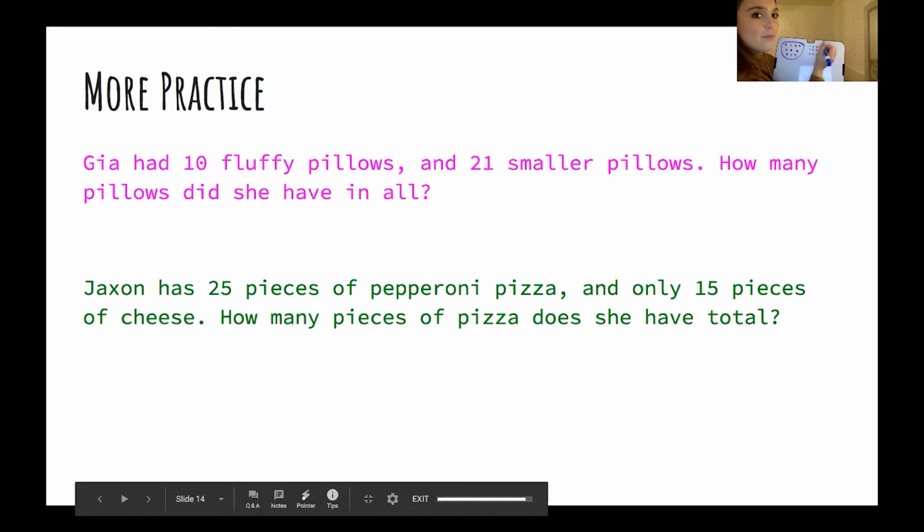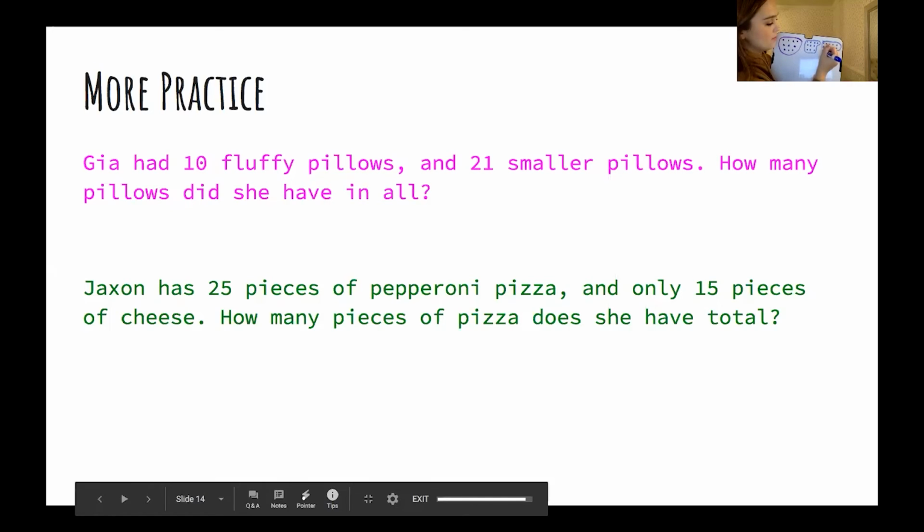Oh wait, I'm going to stop there and actually just circle this because I know this is a group of 10. Okay, let's keep going. 11, 12, 13, 14, 15, 16, 17, 18, 19, 20. Wait, I know that this is another group of 10. So let's go ahead and keep going.